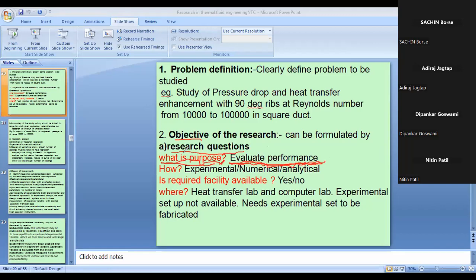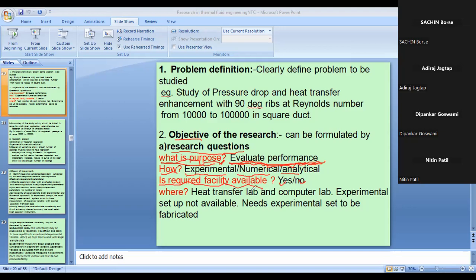The next question: how will you do this? Whether it will be experimental, numerical, or analytical, or a combination of these. Then the next question: is the required facility available at your place? You have to answer either yes or no. If it is no, then you have to create that, or you have to search for the facility.